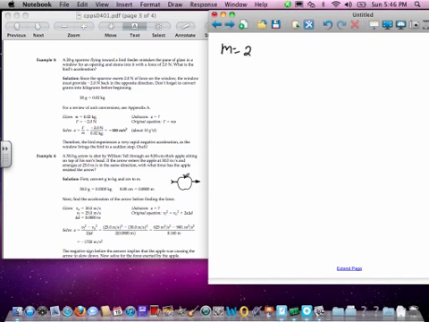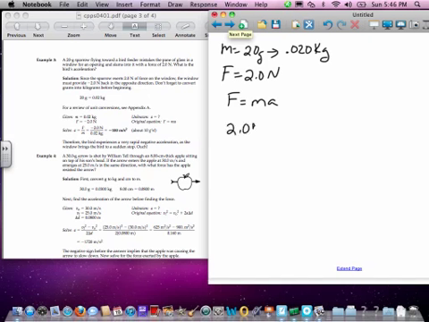Mass, 20 grams. Now, in here, we're always working in kilograms, so let's just convert that. 0.020 kilograms. And the force was 2 newtons, and we want to figure out acceleration, so we're using our same formula, F equals ma, and we're going to plug in the things that we know. Well, we know force, 2.0, equals 0.020 kilograms times my acceleration.